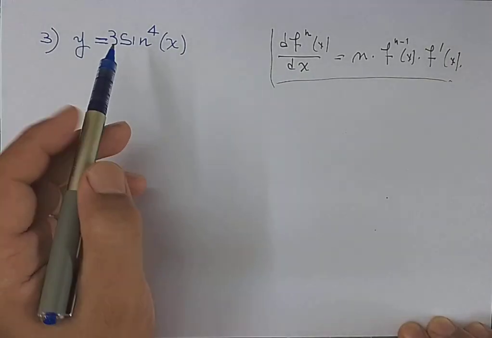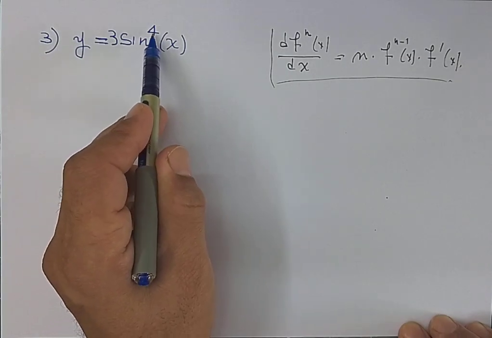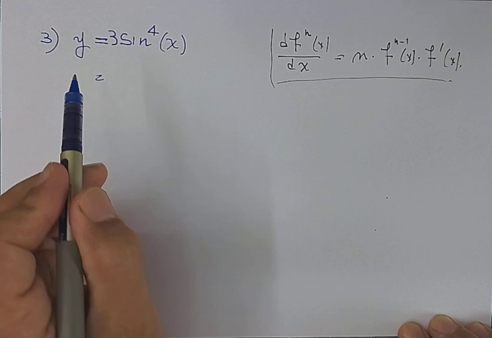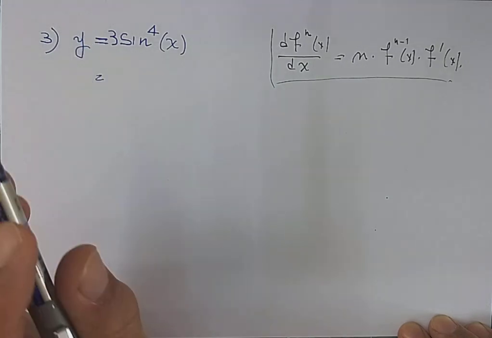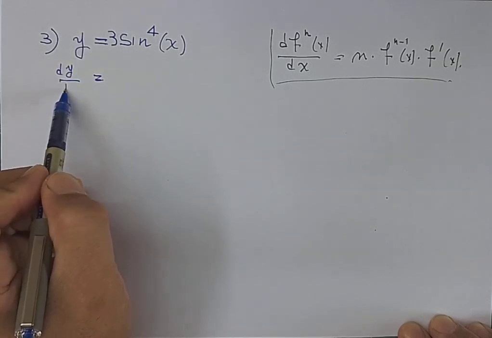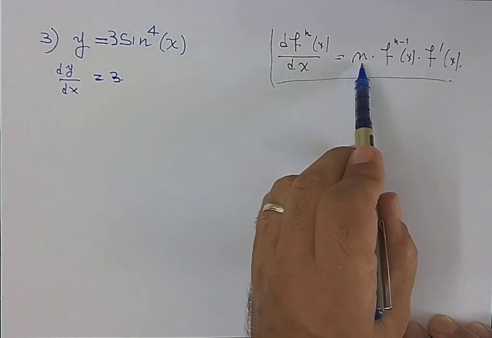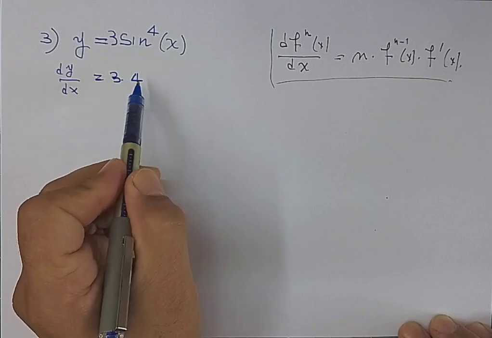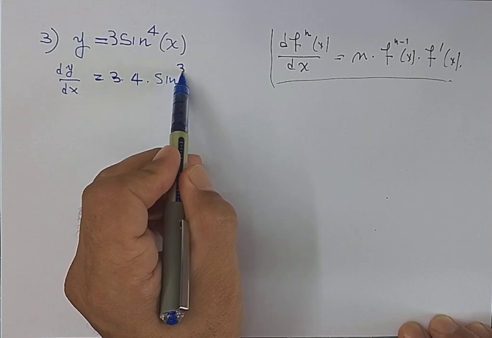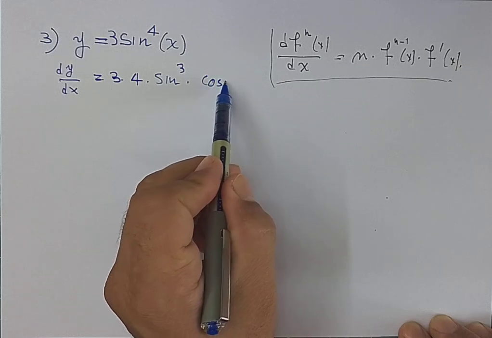Look, here we have sine x with the power 4. The 3 is a constant, no need to change, it will be the same. So dy/dx equals 3, this constant, times n, which is 4, times sine to the power 4 minus 1, which is 3, times the derivative of sine, which is cosine x.